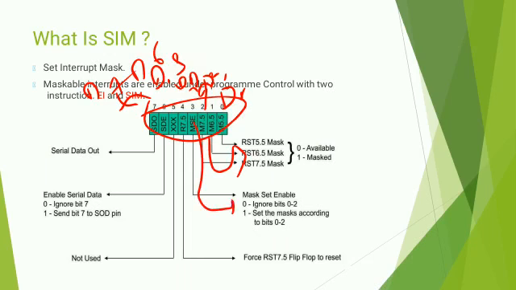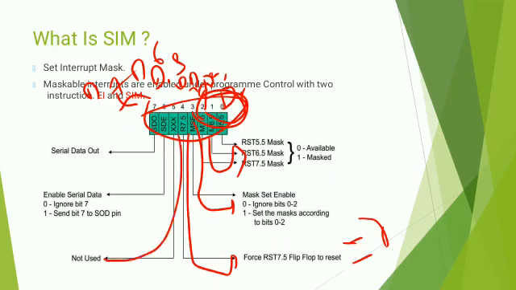Similarly, bit D3 is MSE, mask set enable. 0 ignores bits 0 to 2. If it is set to 1, set the mask according to bits 0 to 2. Similarly, bit D4 is R7.5, force RST 7.5 flip-flop to reset condition, that is 0.